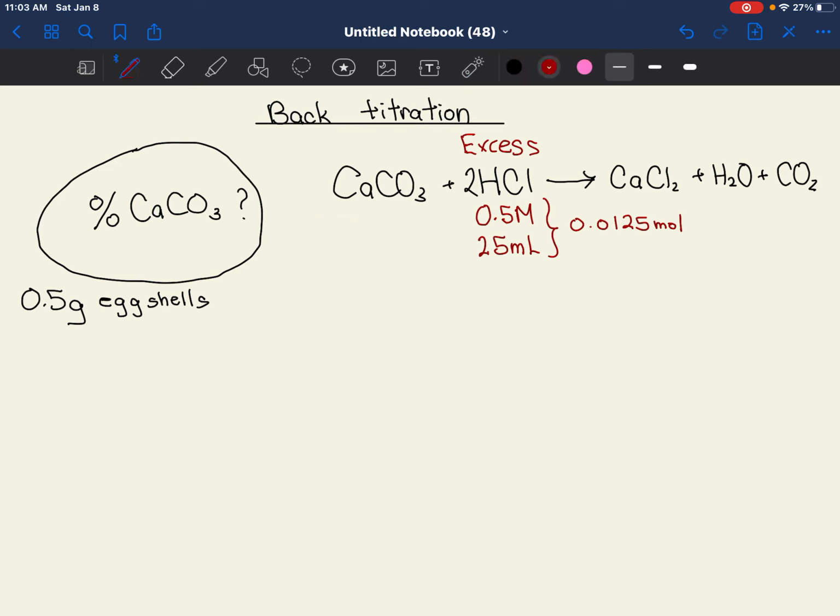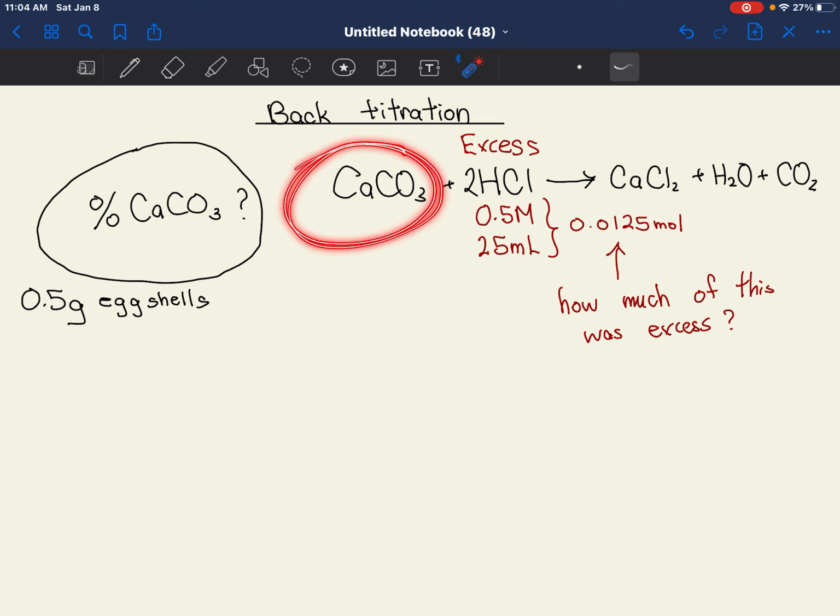So let's write that down. How much of this was excess? Because if I know how much of it is excess, I can use my stoichiometry to find out exactly what this is.